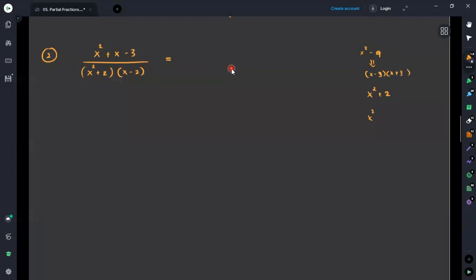If we had x squared minus 2, we could say x minus root 2 and x plus root 2, even though we do not get a whole number, just the decimal value of the square root of 2. But x squared plus 2 cannot be factored any further. Therefore, this type of factor is said to be an irreducible factor, a factor which cannot be simplified further.